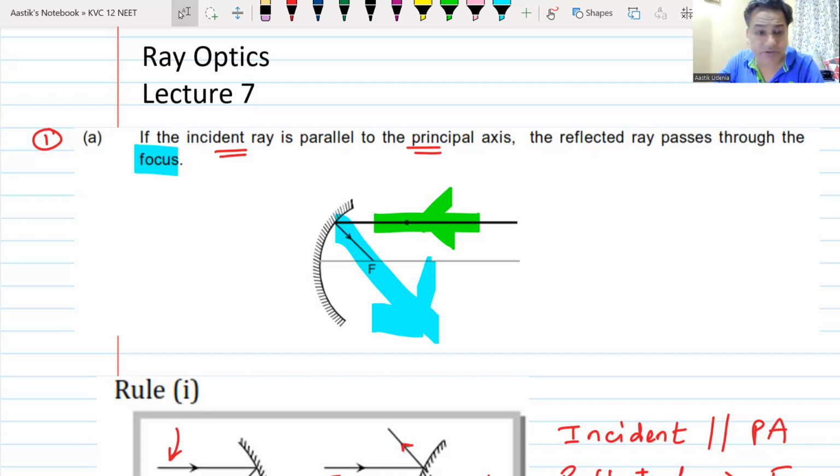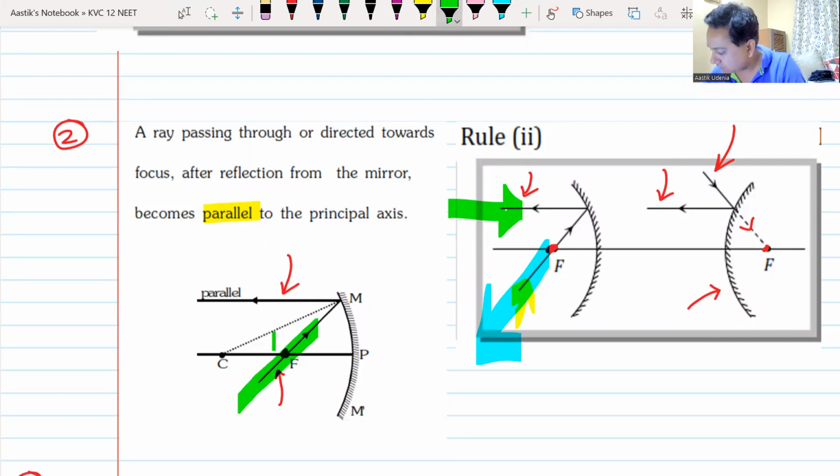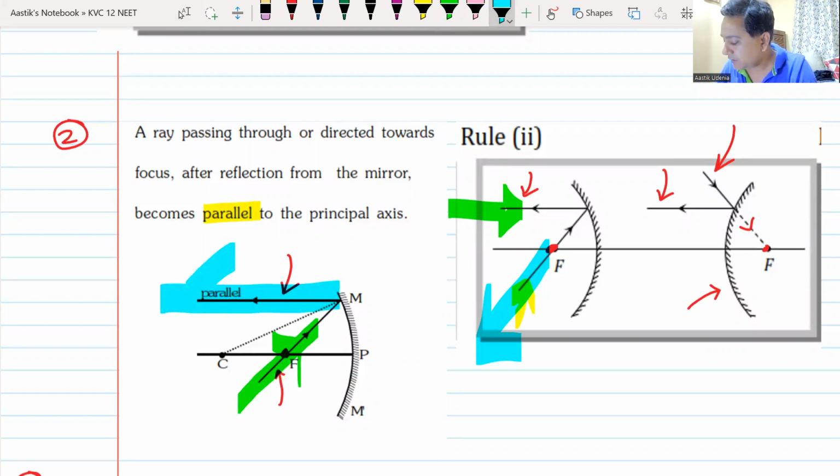You want to see rule number 2? Okay. Rule number 2 is here. A ray of light, the green ray, which passes through the focus, after reflection will become parallel to the principal axis.